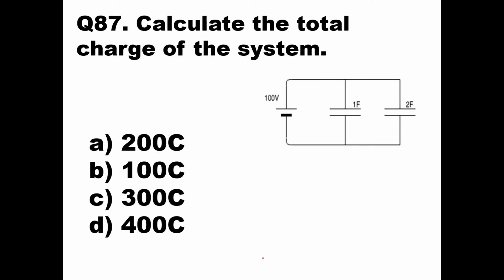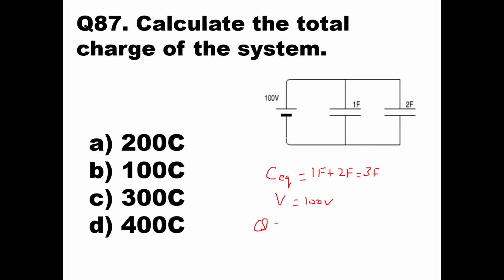Calculate the total charge of the system. In this case, you have to take the total capacitance. Total capacitance will be equal to 1F plus 2F, that is equal to 3F, and voltage is equal to 100 volt.